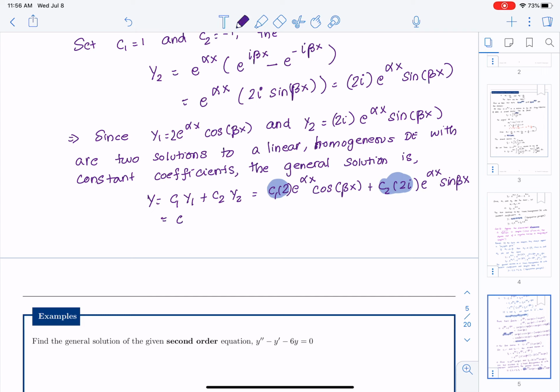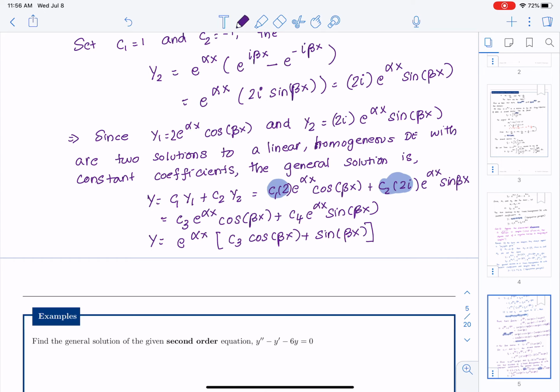So I could simply write this as c3 e raised alpha x cosine beta x plus c4 e raised alpha x sine beta x. We have e raised alpha x in common, so y is equal to e raised alpha x multiplied by c3 cosine beta x plus c4 sine beta x.